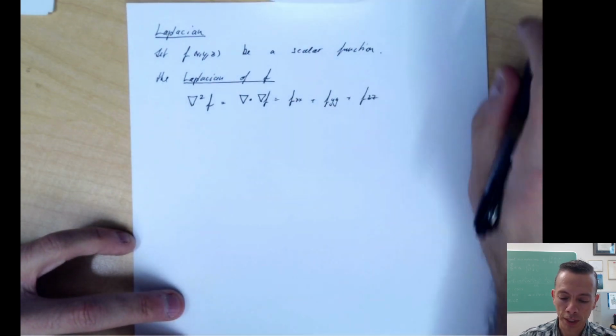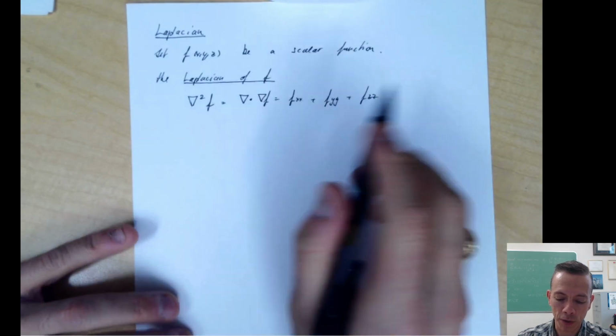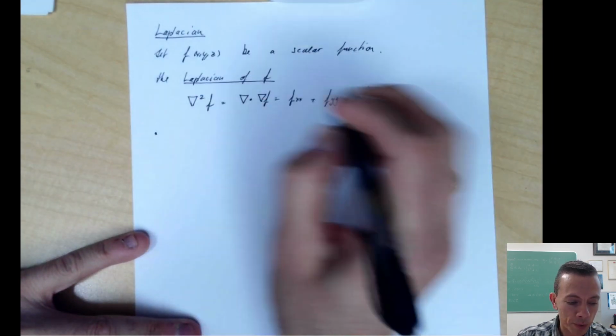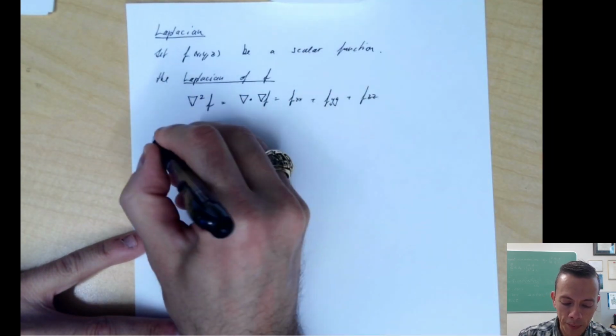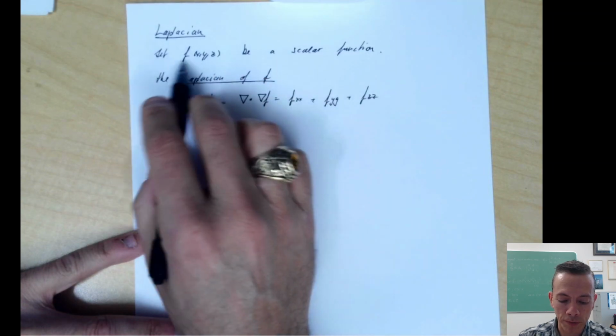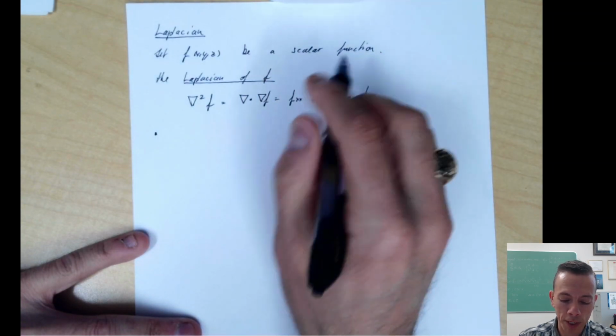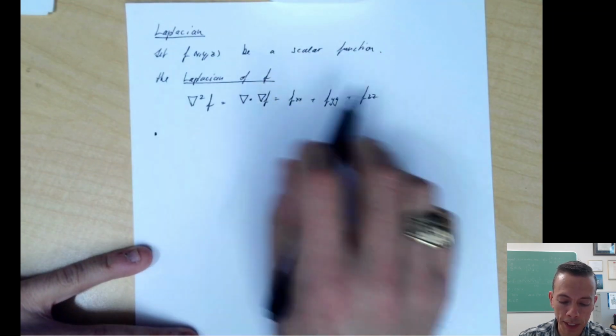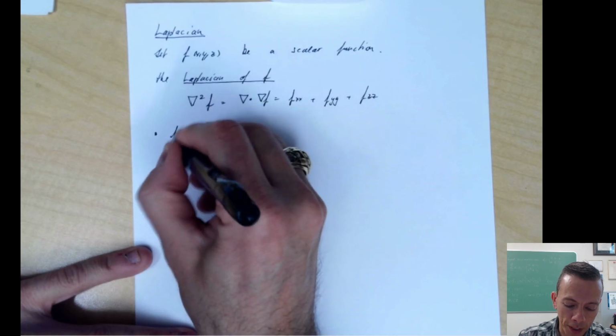So this is used a lot in all kinds of different applications. There's also the same thing as with the curl and the divergence. Certain scalar functions have the property of having a zero Laplacian everywhere. Those are called harmonic functions.